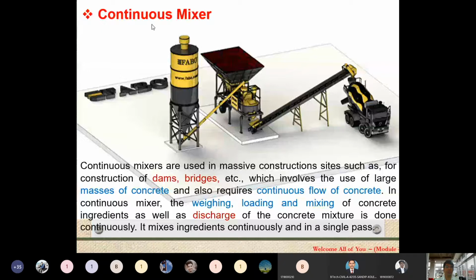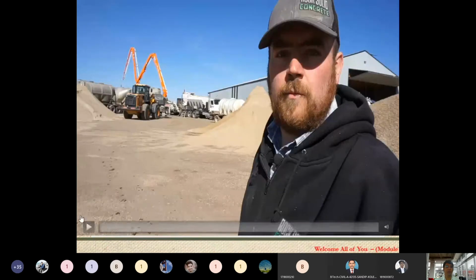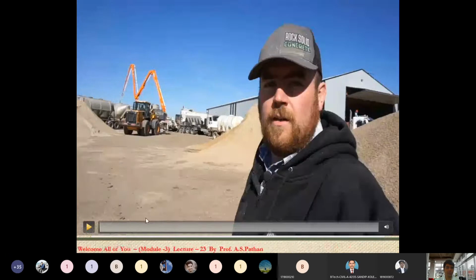As far as the continuous mixer is concerned, the continuous process is going on, and we use it for the construction of dams and bridges, where continuous concreting is required. We will see from a video how the process goes on in a continuous mixer.